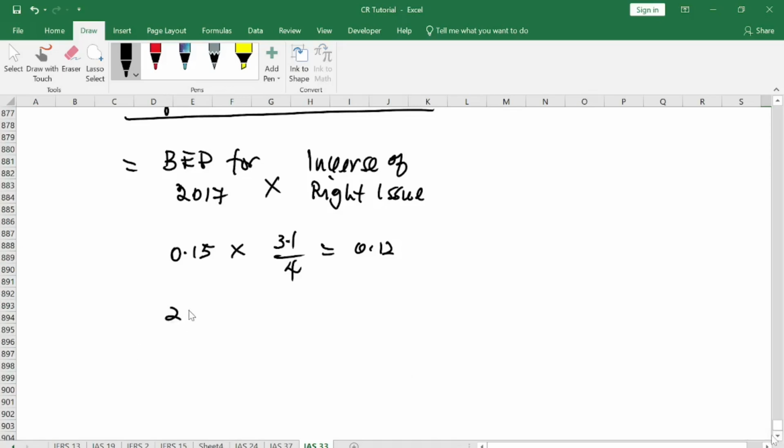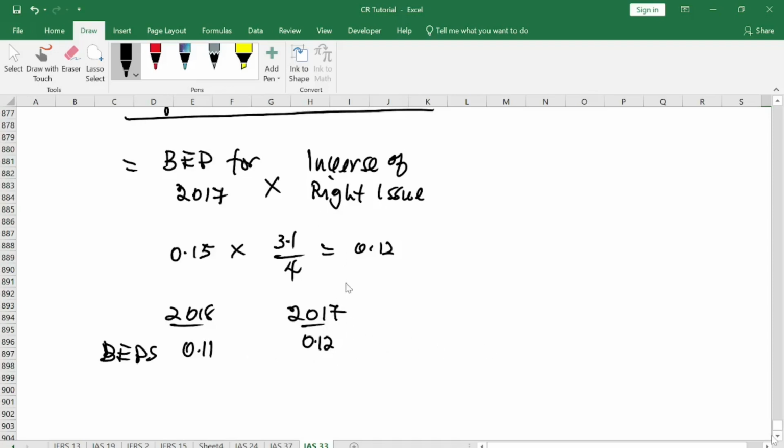When you pick 2018 and 2017 and check their basic earnings per share, 2018 is 0.11, and 2017 after restatement is 0.12. You realize that at these values, an investor looking at them will not be too alarmed.